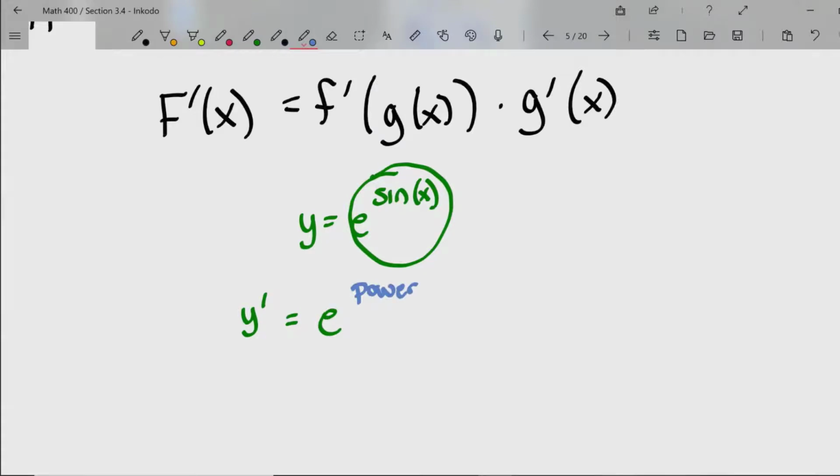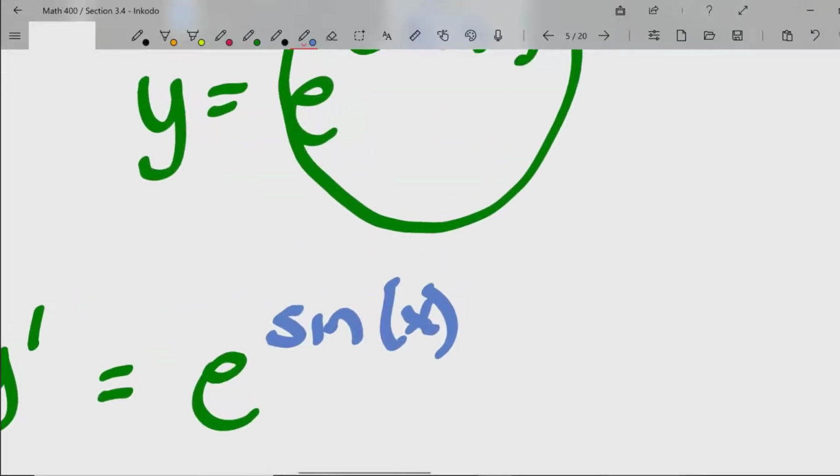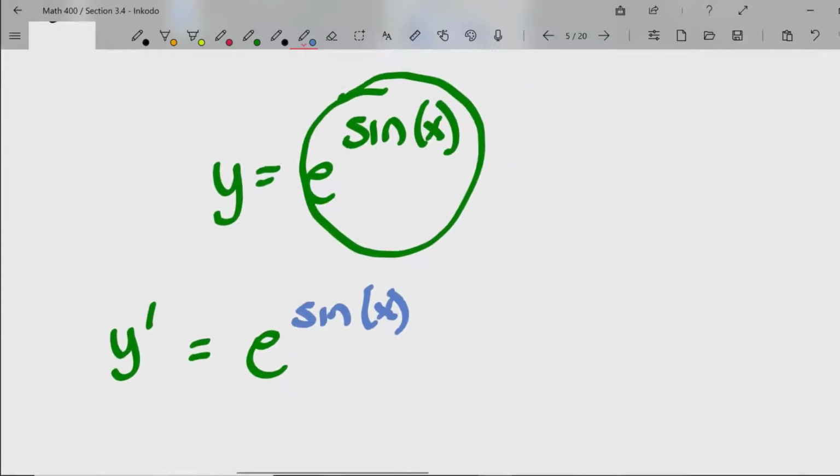Normally, we would hope that power is just x, but it's not in this case. That power is actually the sine of x. And then, now that I'm done with that outermost layer, I zoom in to this blue inner layer and I say, got to take the derivative of that. So I'll go ahead and attach that via a link on a chain, the derivative of the sine.